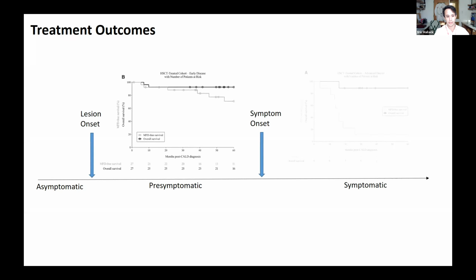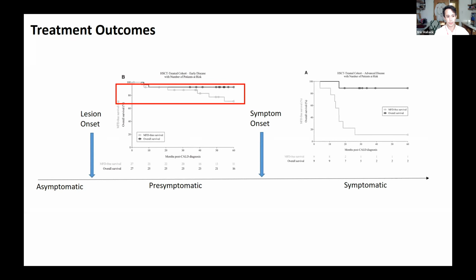If we treat patients in the pre-symptomatic time period, survivorship is good, and freedom from major functional disabilities is good. If patients are treated in the symptomatic time period, depending on how early, patients will survive, but unfortunately they will develop major signs of neurologic disease.